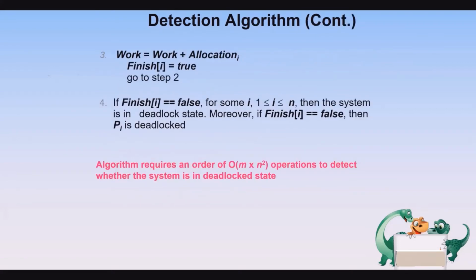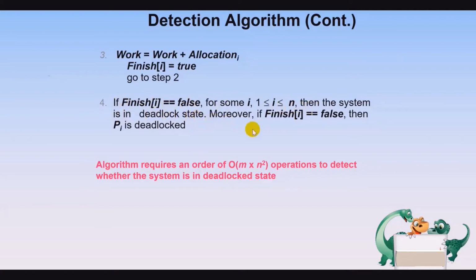Here's the continuation. Work equals Work plus Allocation, Finish[i] equals true, and go to step 2. This is exactly the same thing that we did earlier. If Finish[i] equals false for some i, where 1 is less than or equal to i and i is less than or equal to n, then the system is in a deadlock state.